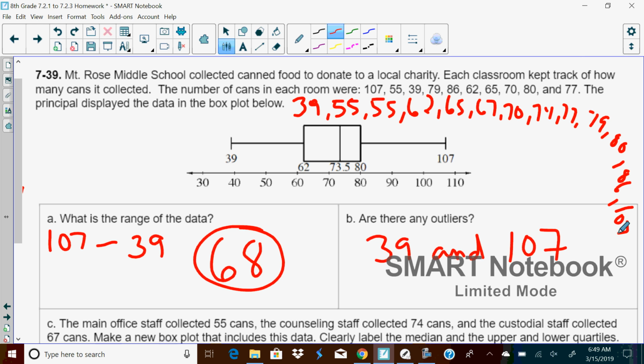So I added in my 3 numbers. I added in a 74, 67, and a 55. So when I found the new median, it was 70. The median of the lower part was between 55 and 62, so I got 58.5. The median of the upper part was between 79 and 80, so I got 79.5.